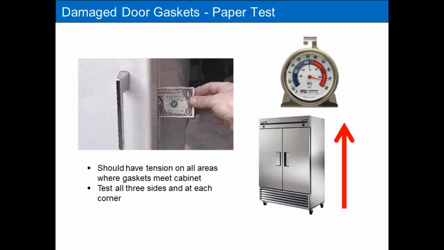You should feel a slight tug, slight resistance as you pull the dollar bill away from the space between the gasket and the door. And you need to do that on all 4 sides, top and bottom. You want to test all the sides and all top and bottom areas. And that makes sure that you have a good integrity on your door gasket. That could equally cause you to have a high temperature.